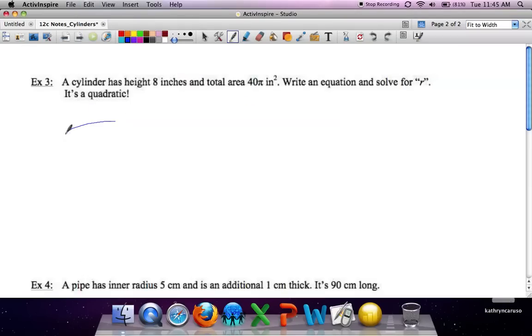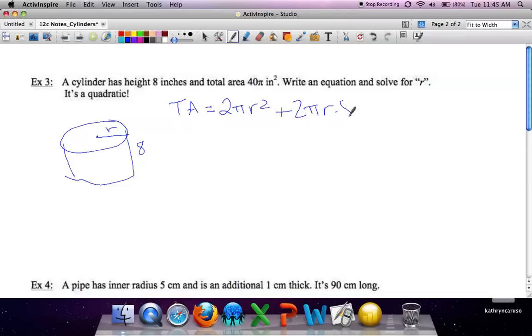So the total area formula is twice pi r squared, which is the two bases, where r is the unknown radius, and we have to add it to the lateral area, which is the circumference, 2 pi r, times the height, which is 8. And that has to equal 40 pi inches squared.